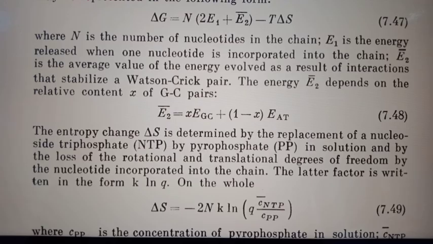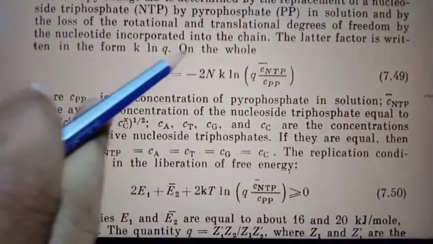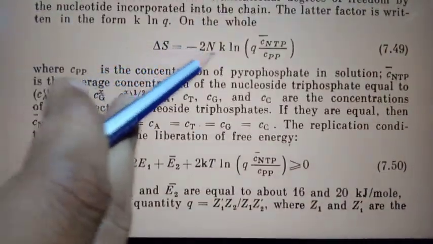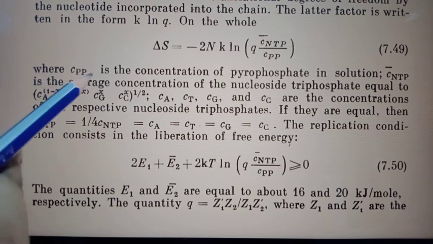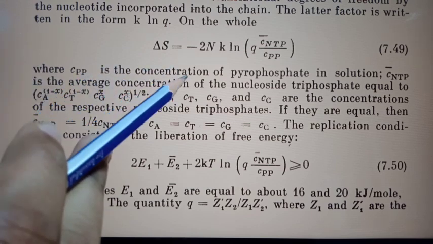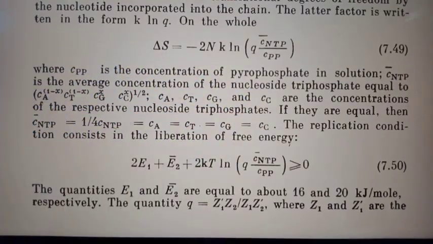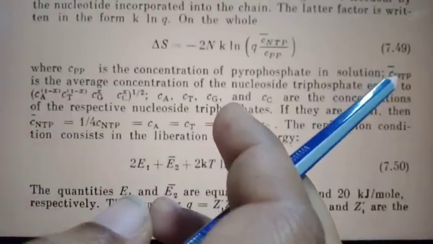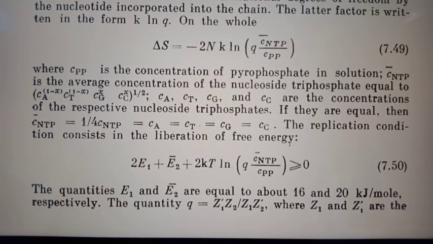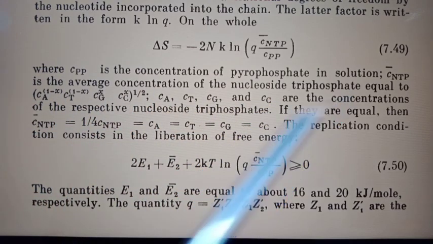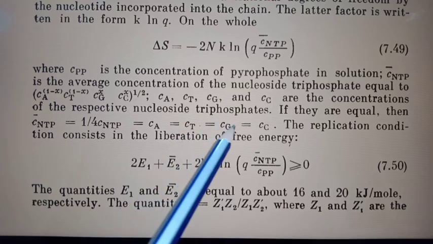The latter factor is written in the form of K, where CPP is the concentration of the pyrophosphate in solution, and this is the average concentration of the nucleoside triphosphate, where the C's are the concentrations of the respective nucleoside triphosphates.